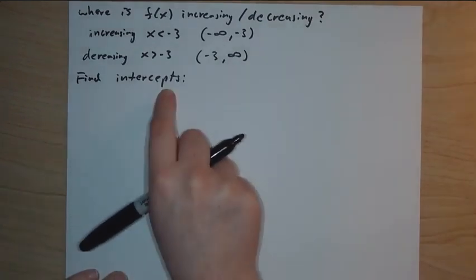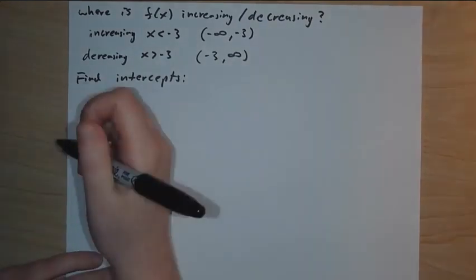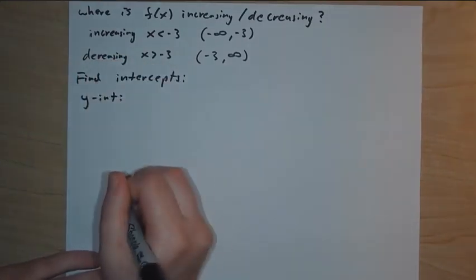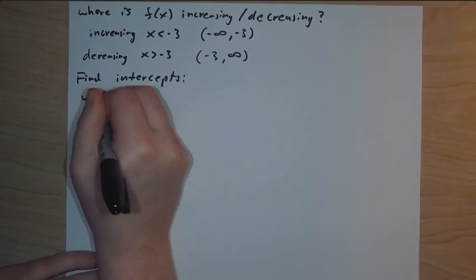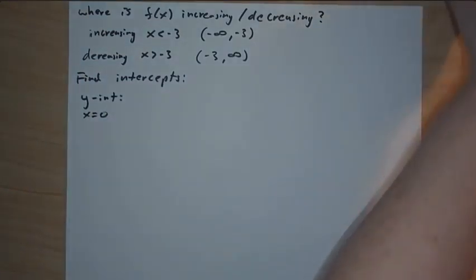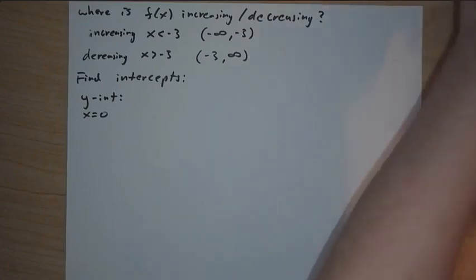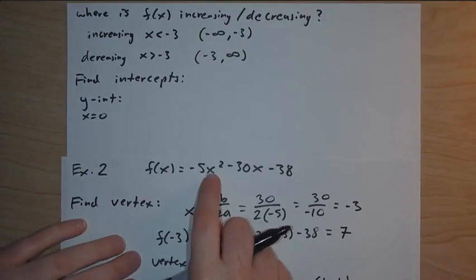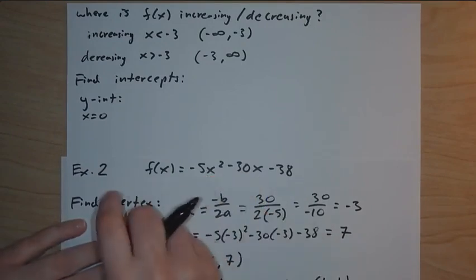So last thing we want to do is we want to find the intercepts. So first I'm going to find the y-intercept. The y-intercept is when x is equal to 0. So in our original function, we're going to substitute 0 in for each x here.